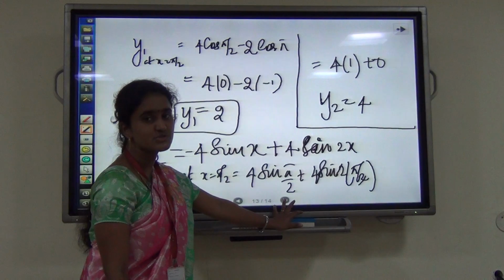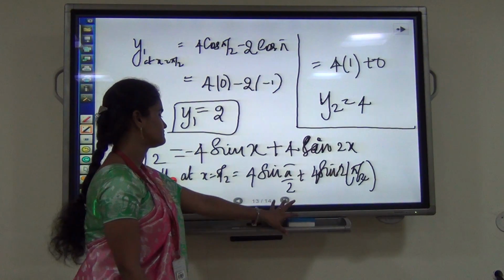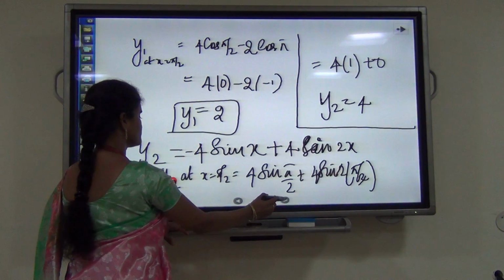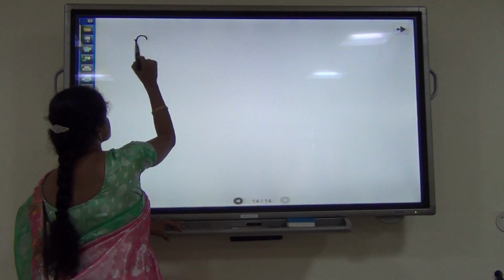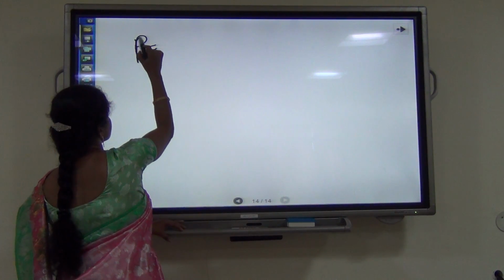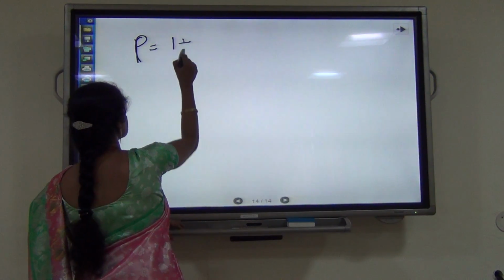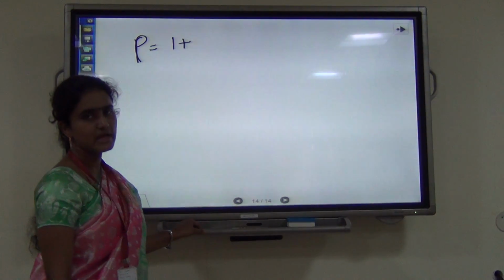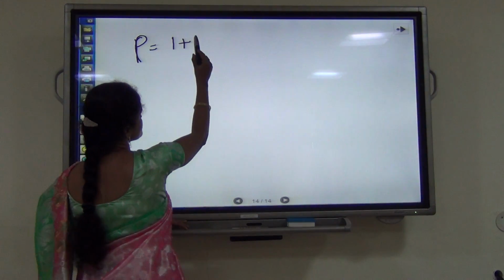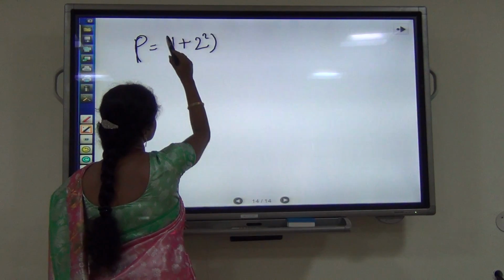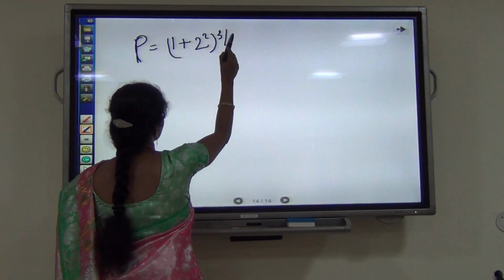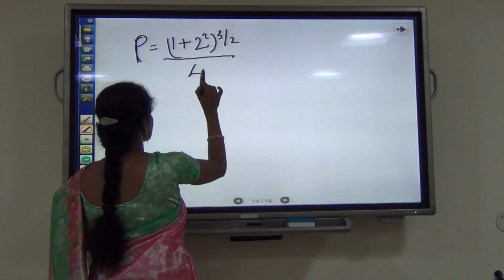So let us substitute this in the formula. Rho is equal to 1 plus, what is the value of y1 we calculated? It is 2. So it is (1 plus 2 square) to the power 3 by 2 divided by 4.